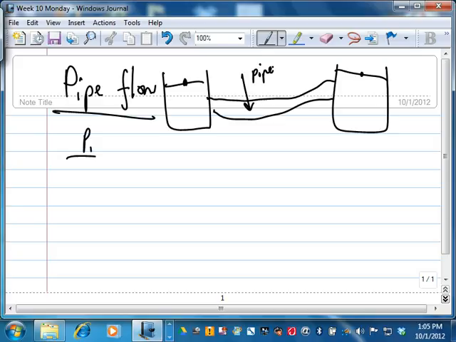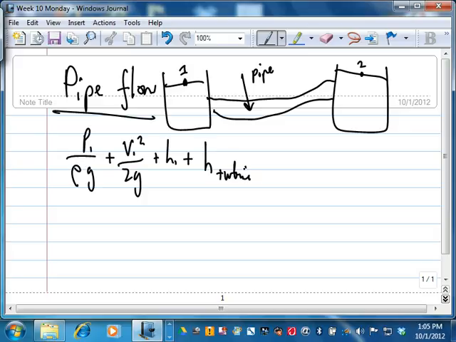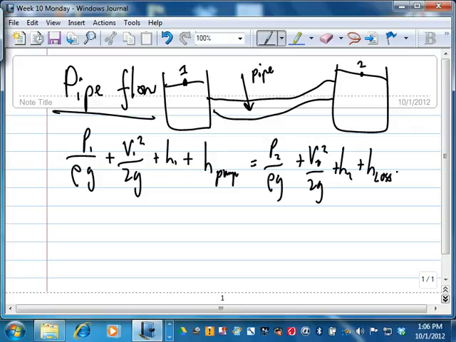We left off at, I think, the energy equation looking something like this. P1 on rho g plus V1 squared on 2g plus H1, plus any pump head, equals P2 on rho g plus V2 squared on 2g plus H2 plus head loss plus head turbine, if you have any turbine.